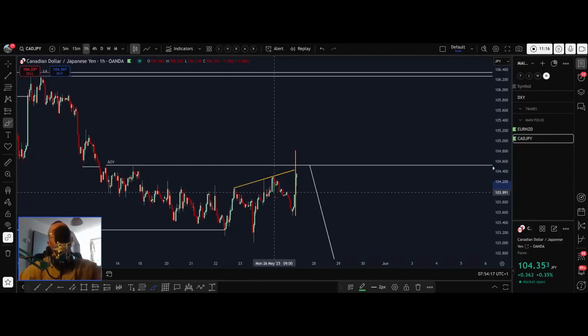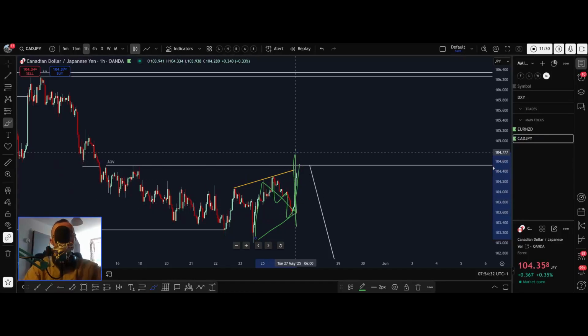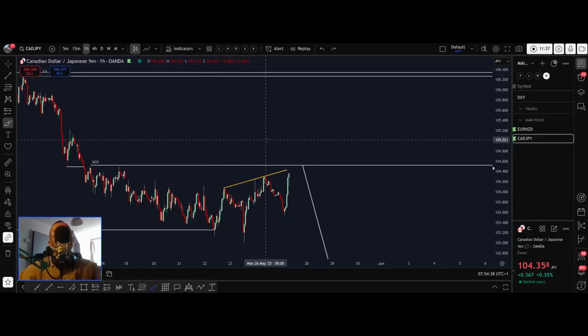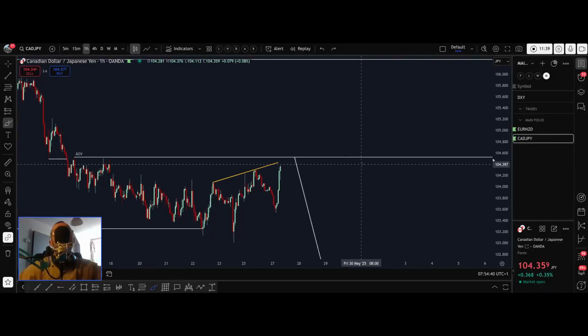So what I mean by that is the base didn't form down here, which would have meant that this lined up mathematically more with there. Because it's got a bit of a gradient to it, that could actually push this higher to complete this impulse correction continuation, where the continuation leg is of a similar length to the preceding impulse. Okay, so that's another reason to not want to call the top. The continuation leg isn't always of a similar length, so we could actually reject from this area, but a lot of the time it is.